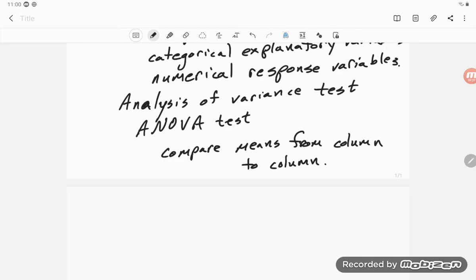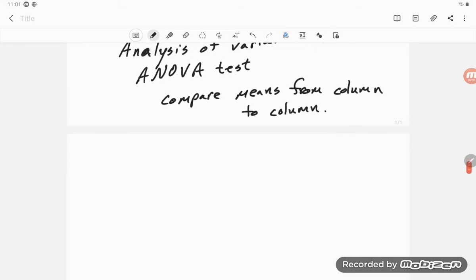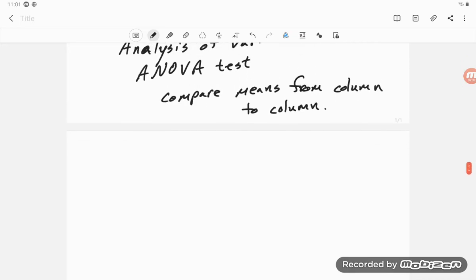So typically, our data in this case for our 2 variables, I tend to like to use things like fertilizers or diets or something like that.